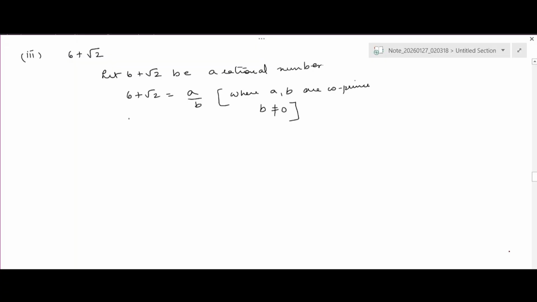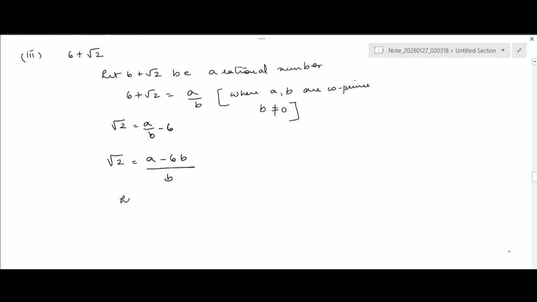Okay, now you have root 2 alone on the left hand side. Root 2 is equal to a by b minus 6. We'll take the LCM: a minus 6b by b. Now we have to prove that root 2 is irrational.